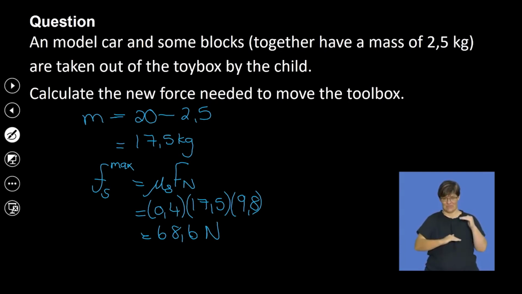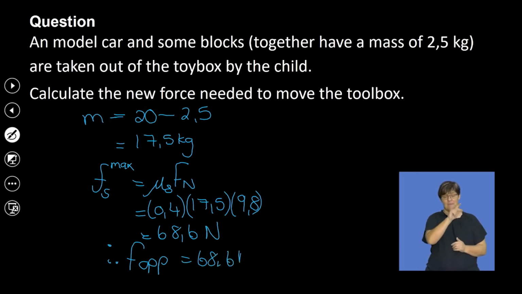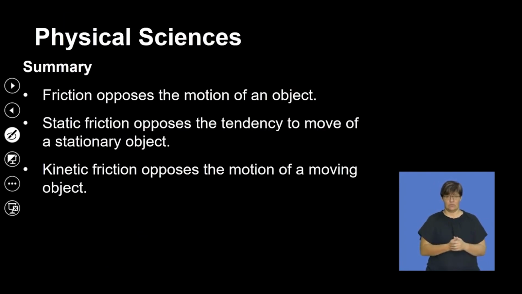Mass being smaller made the normal force smaller, and they're directly proportional. We need to answer the question: 68.6 newtons forward. Smaller mass, smaller friction. All right. So, gave myself lots of space.